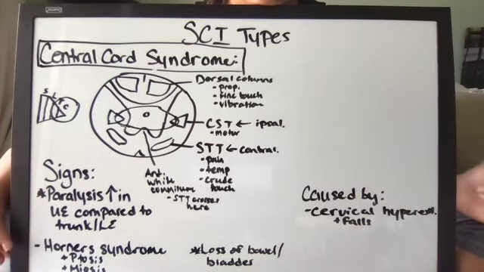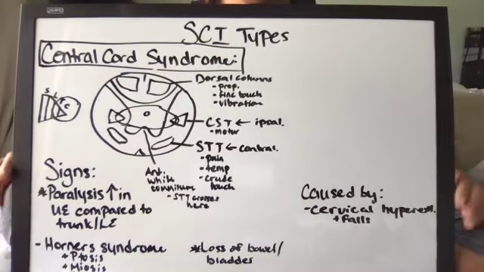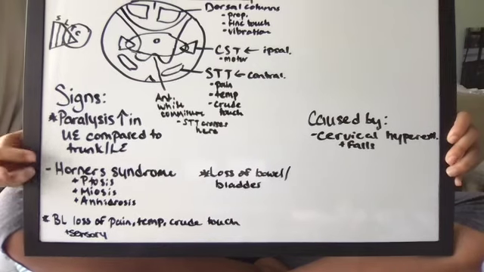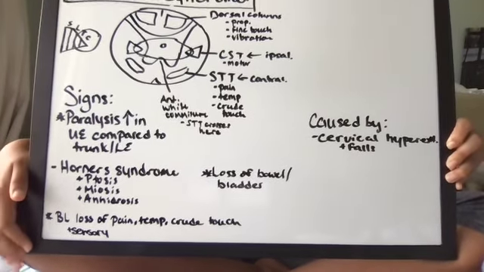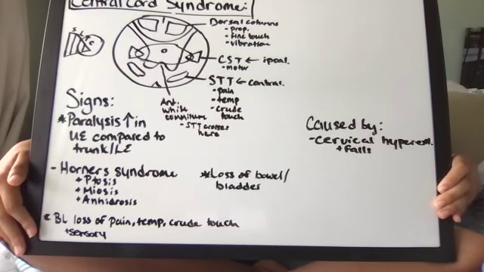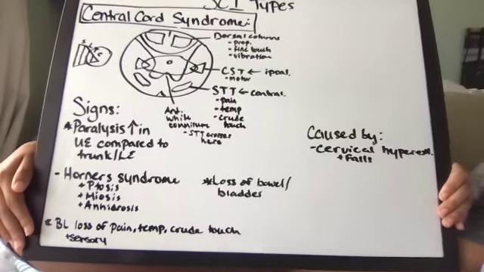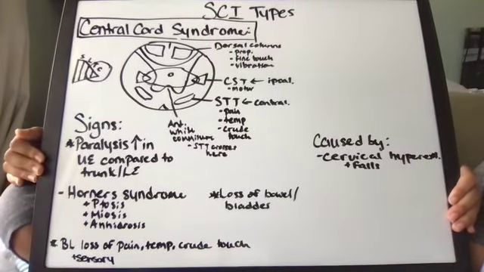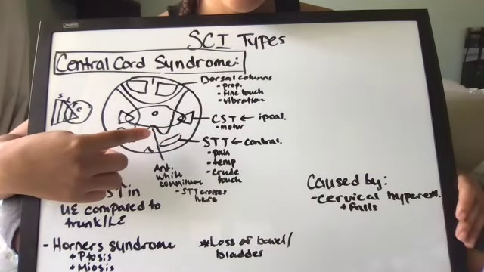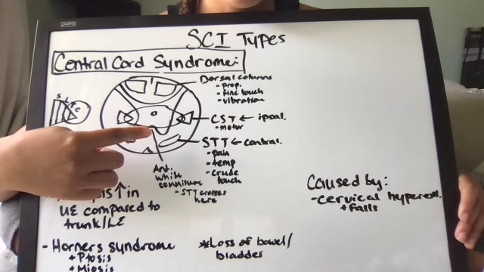Then we're going to move on to another big one, loss of bowel and bladder. And I'm going to skip this one for now and come right back to it. I just want to go over the really important ones first. This one is bilateral loss of pain, temperature, and crude touch. Why do you have bilateral loss of pain, temperature, and crude touch? Well, that's because, look here, the anterior white commissure is affected.